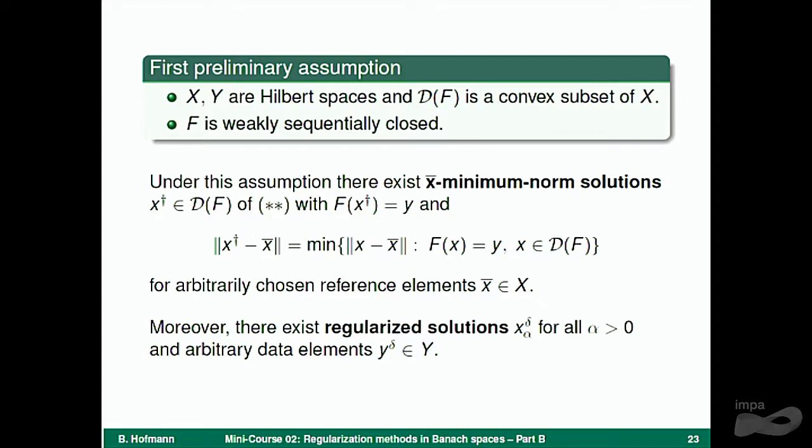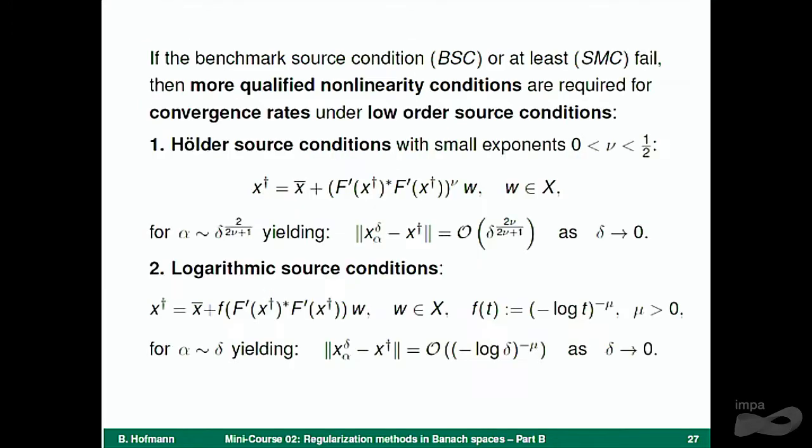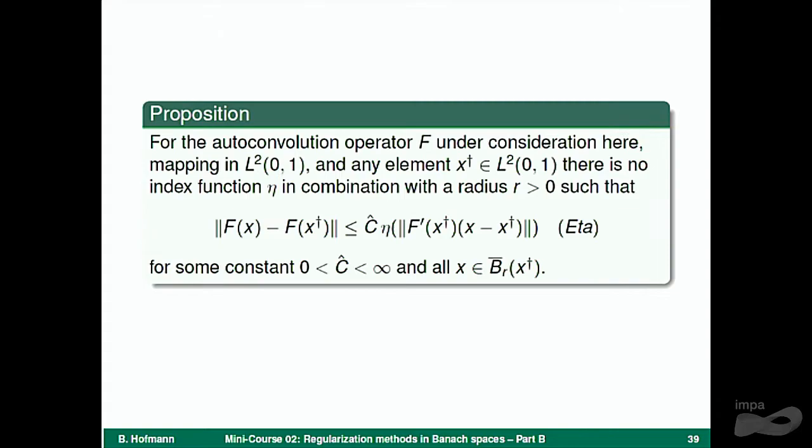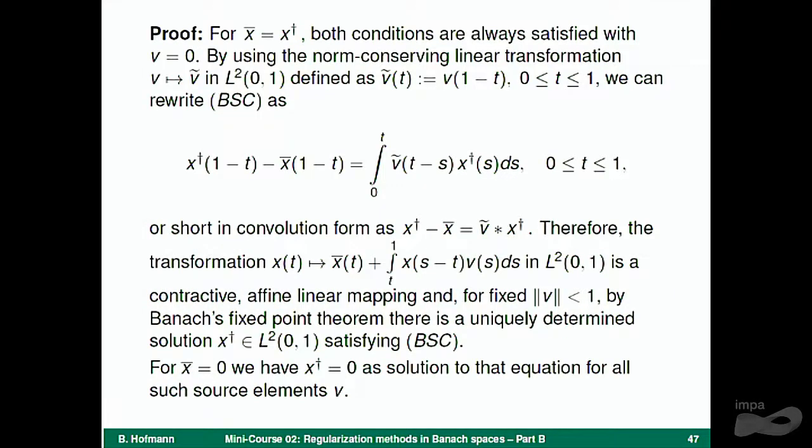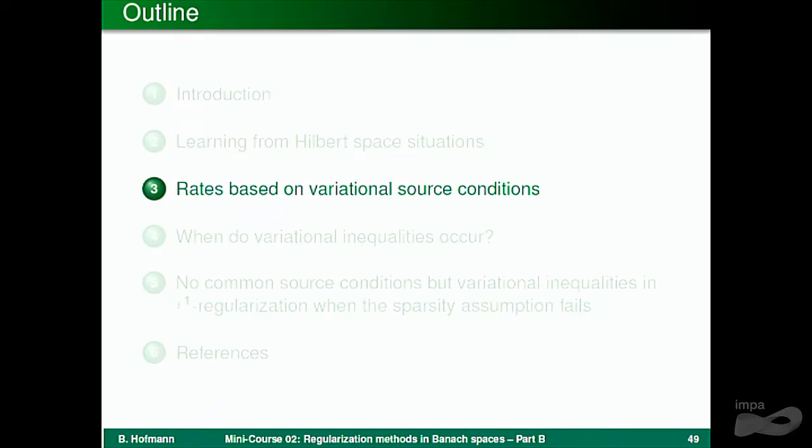And now for autoconvolution, x dagger and minus x dagger have the same distance to 0. And you have not a uniquely determined x bar minimum norm solution. And this ambiguity gives the problems at this point. So this is not a nice thing, but yeah, you cannot do something against it.